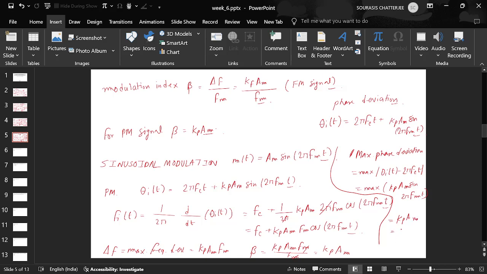And kp Am is nothing but the modulation index for this phase modulated signal. So for a phase modulated signal, the modulation index is also a direct measure of the maximum phase deviation. So beta is equal to del theta, which is the maximum phase deviation.